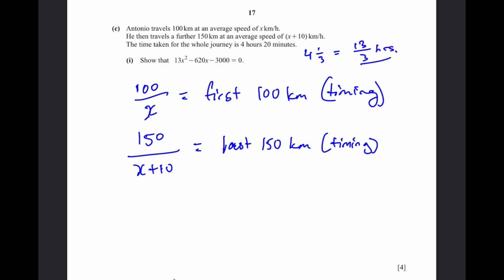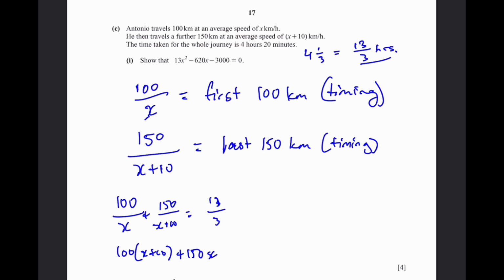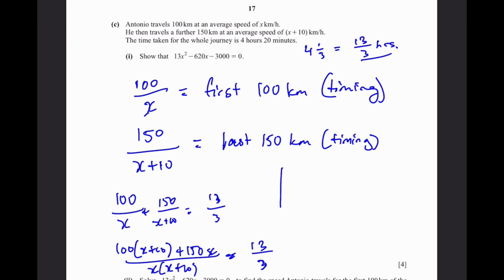So you have to add these two, 100 by x plus 150 by x plus 10 is equal to 13 by 3. Now 100 by x plus 150 by x plus 10 is just 100 times x plus 10 plus 150x divided by x times x plus 10 is equal to 13 by 3. Now that means x times x plus 10 is just x squared plus 10x.